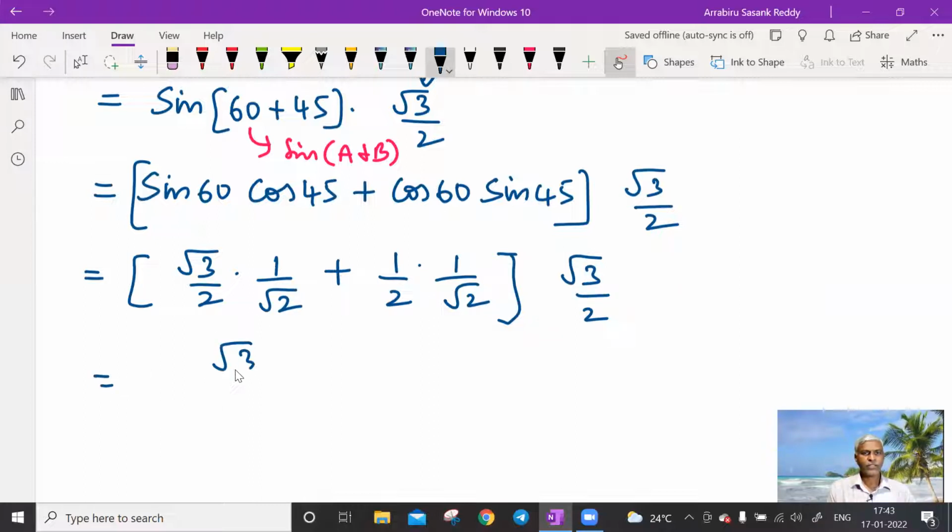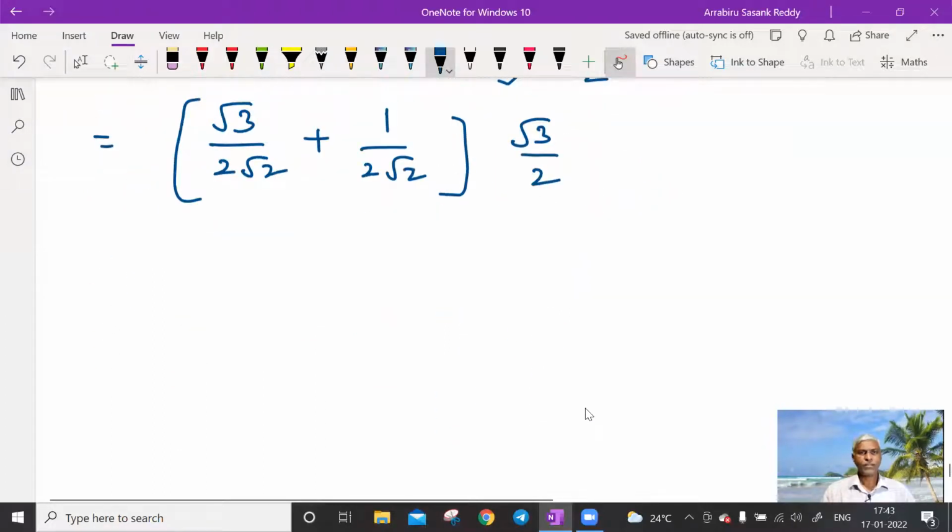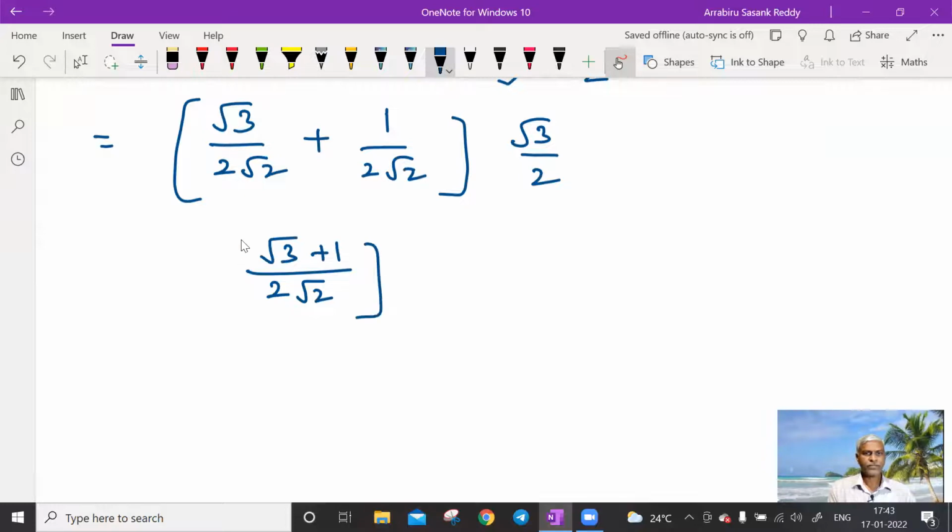Multiplying √3 into 1, 2 into √2, 1 into 1, 2 into √2, into √3 by 2. Taking LCM, 2 √2 and √3 plus 1, into √3 by 2.